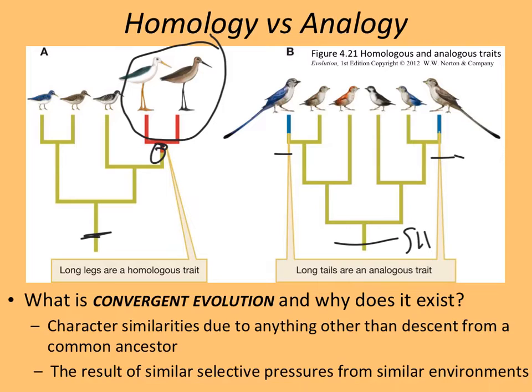Well, it turns out that, first of all, we can look at the genes, and we can actually see probably that these two birds with long tails don't share as many genes as this taxa and this taxa versus this taxa and then this taxa. Okay? So the genes tell us something different than the actual tail does.